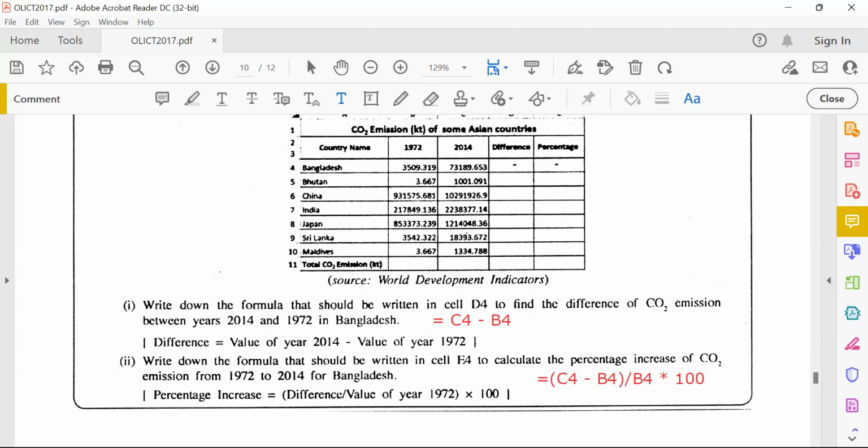Or else another answer, you can simply say D4 divided by B4 into 100. So that is also possible.